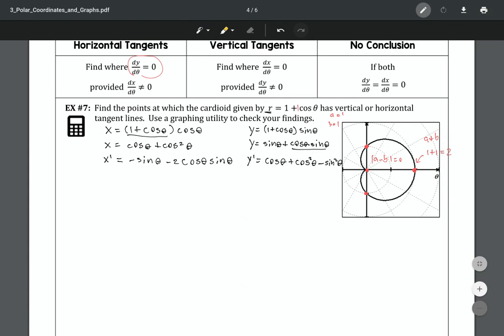Okay. So now we're trying to find the points where I have a vertical and a horizontal tangent line. For the horizontal, I need to know when y prime is equal to 0.